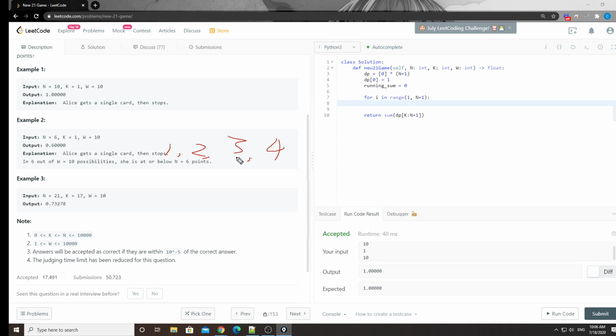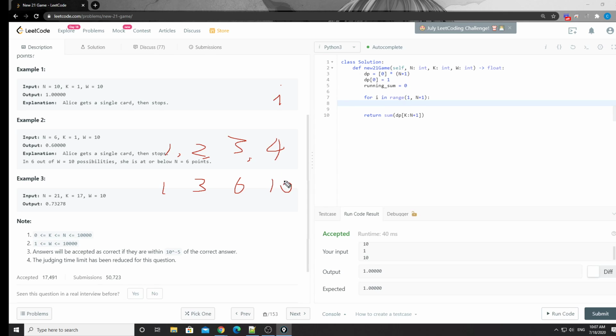For example, if there's 1, 2, 3, 4, and I'm talking about running sum of i here, it means including the current one, the running sum is going to be 1, 3, 6, 10, right? So the running sum of current i means the sum including the current number.